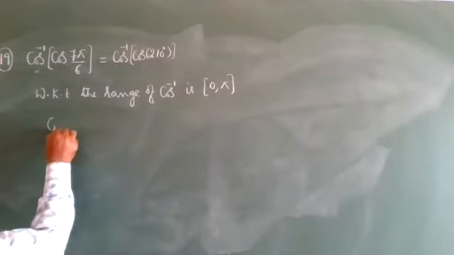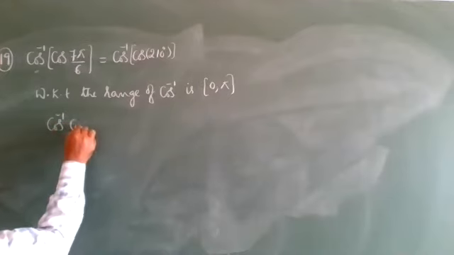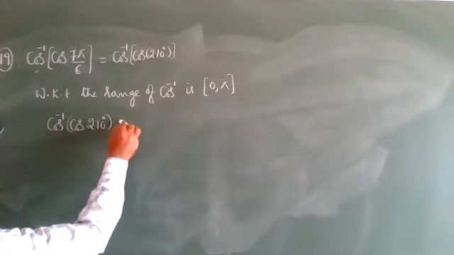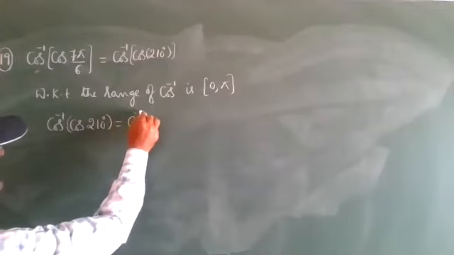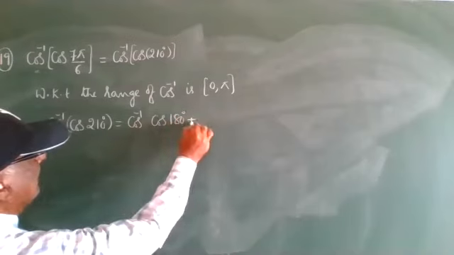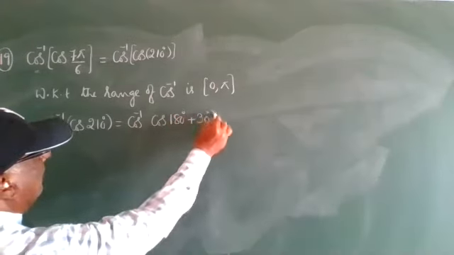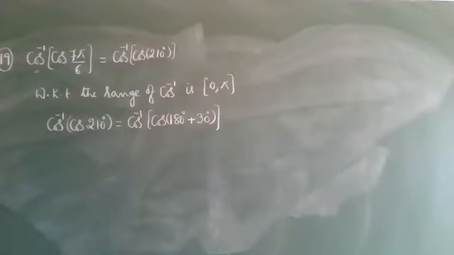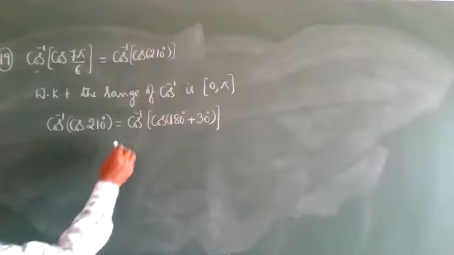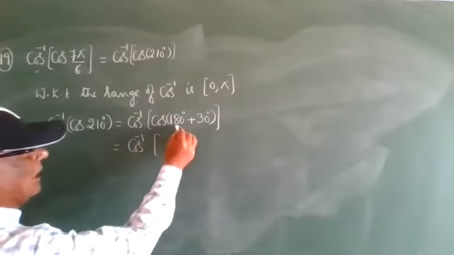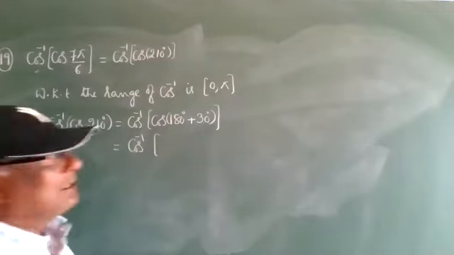So cos inverse of 210 degrees is equal to cos inverse of 180 plus 30. Cos inverse of the third quadrant, 180 plus.